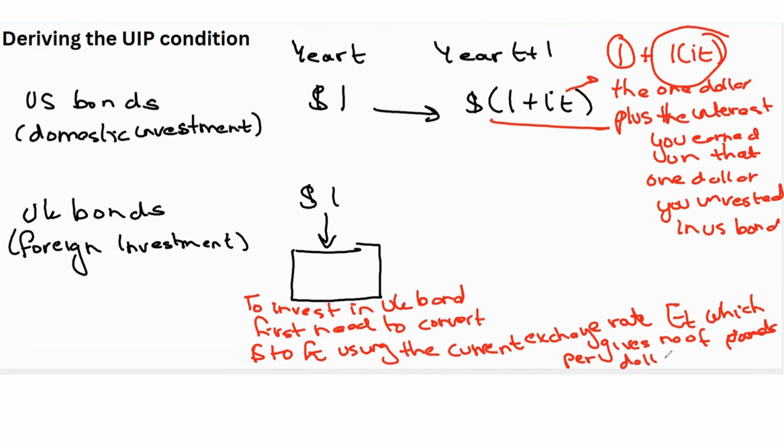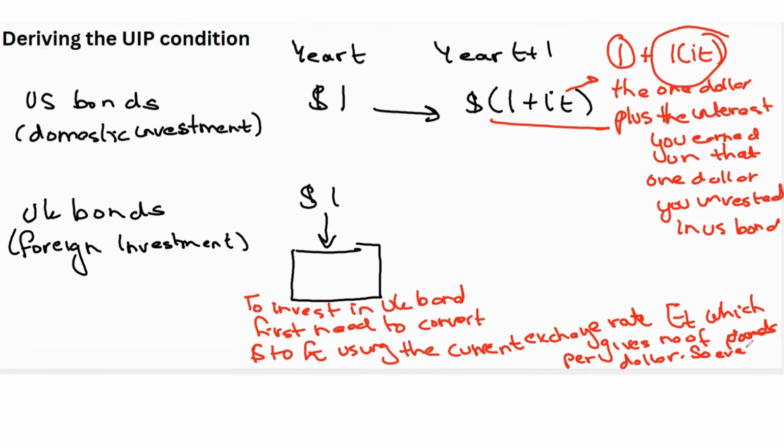The way we defined E_t was that it is pounds per dollar. It's giving us the number of pounds per dollar because in this case the UK is the foreign country and the US is the home country from the perspective of a US investor.